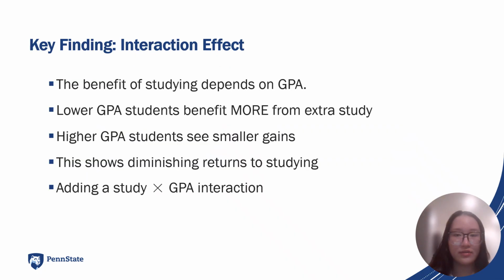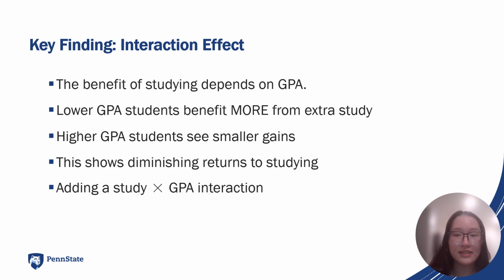Then I tried to add an interaction term into this model to improve the model fit. First, I tried the study and GPA interaction term, and it improved the model fit, increasing adjusted R-squared from 0.19 to 0.25.